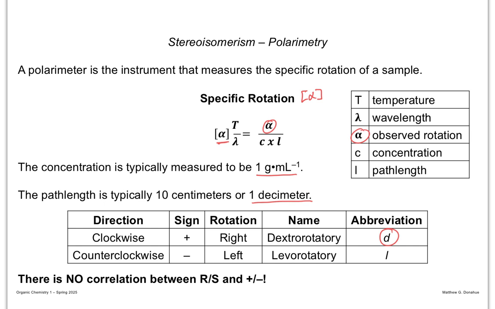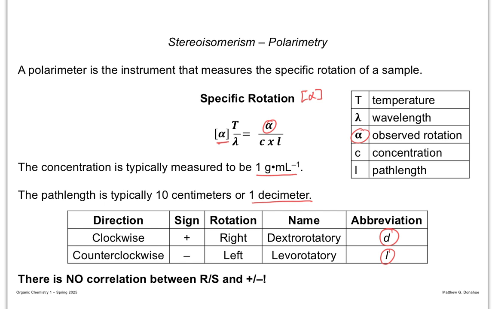If the light goes counterclockwise, it has a negative sign, and that's called levorotatory, or small l. So these nomenclature things hang on, but the plus is sometimes indicated as that small d. The negative is sometimes indicated as the small l.